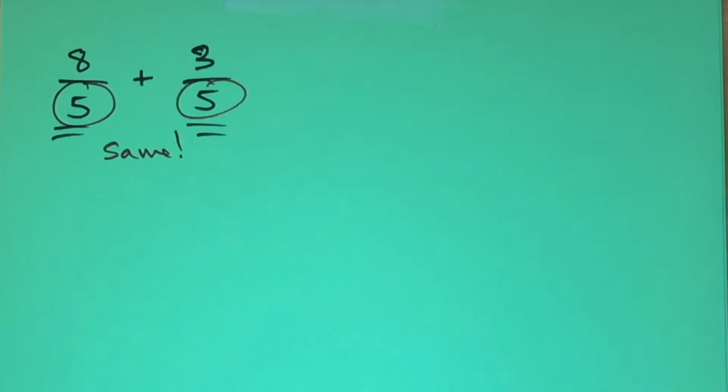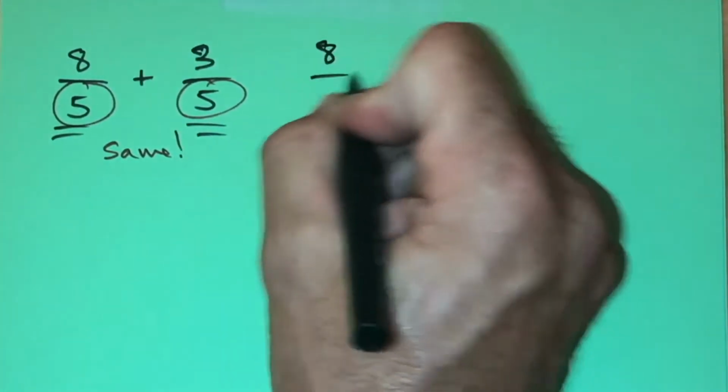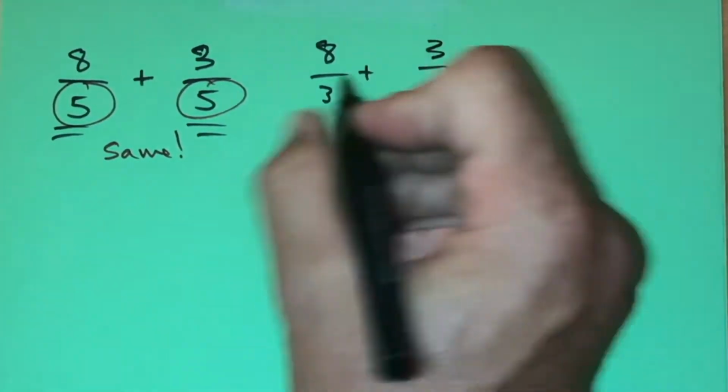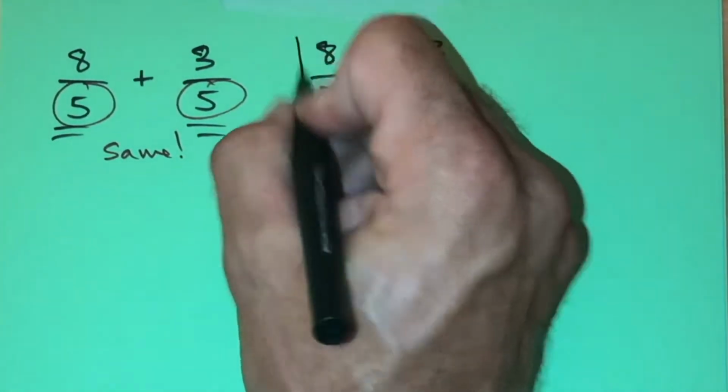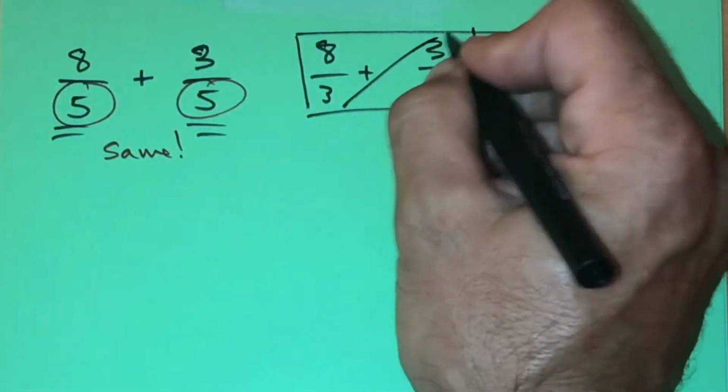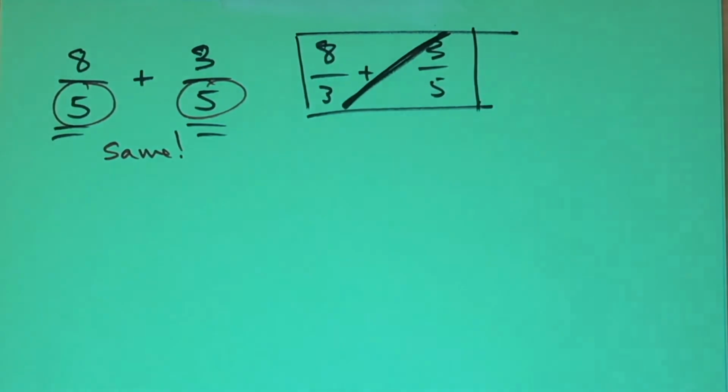That's real important. If it were different, if I were given 8/3 plus 3/5, I would have to add more steps, and we'll show that in another video, of how to make these the same piece. So right now, if we're just working with like denominators, that's not something we could do.